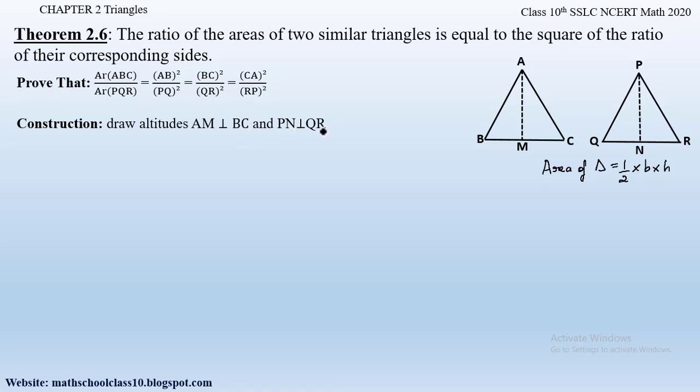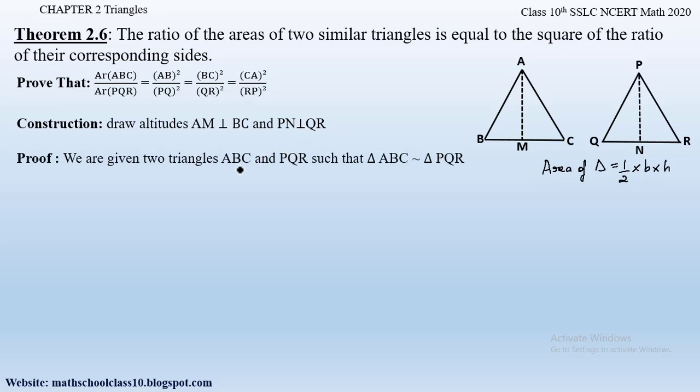So now let us move to the proof. What is given in the statement of this theorem? They have given us that the two triangles ABC and PQR are similar. Triangle ABC is similar to triangle PQR. So from this, what can we derive? If the two triangles are similar, then the corresponding angles will be equal and the ratio of the corresponding sides will also be proportional, right?